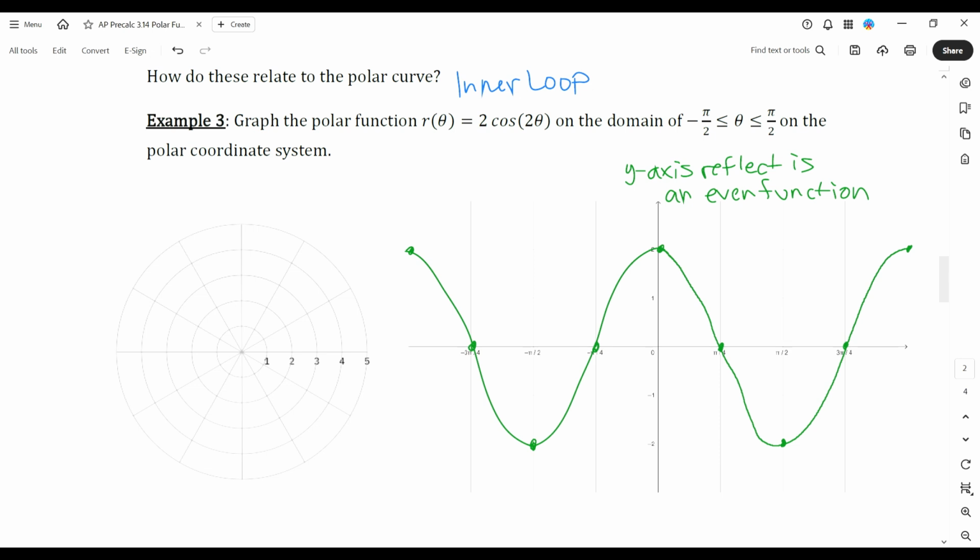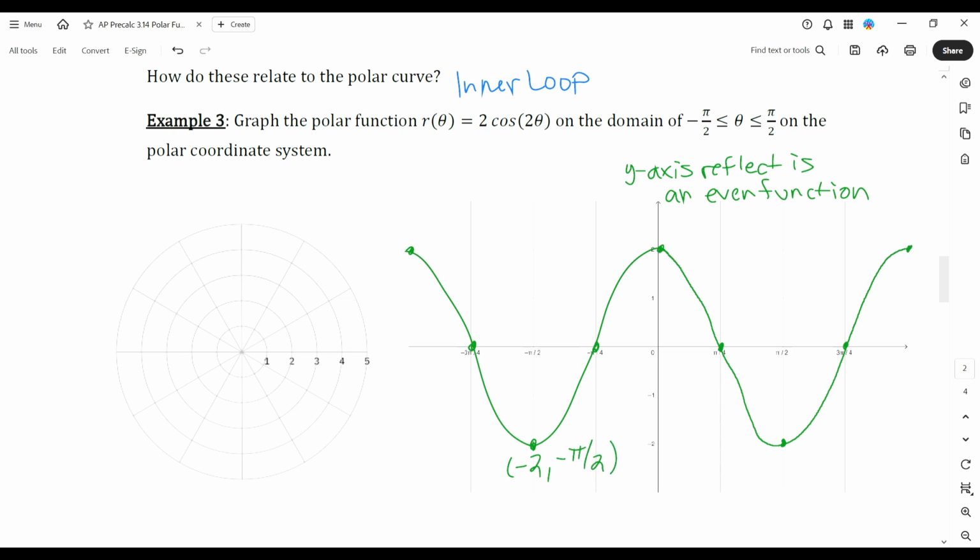So let's write out what each of these points are in the polar graph. In the polar graph, we plug in the angle, we get out the radius, but the radius is the first thing that we deal with. So this polar point right here would be negative 2 comma negative pi over 2.